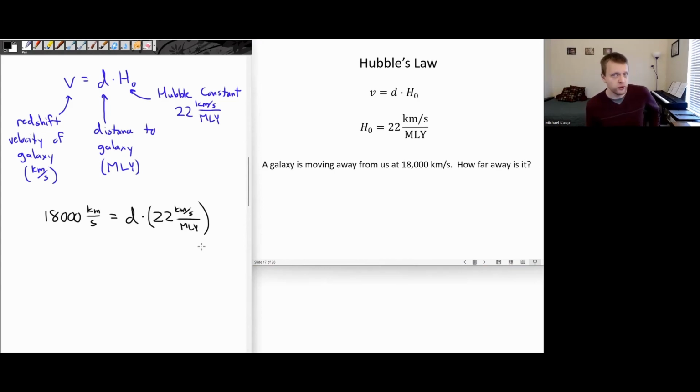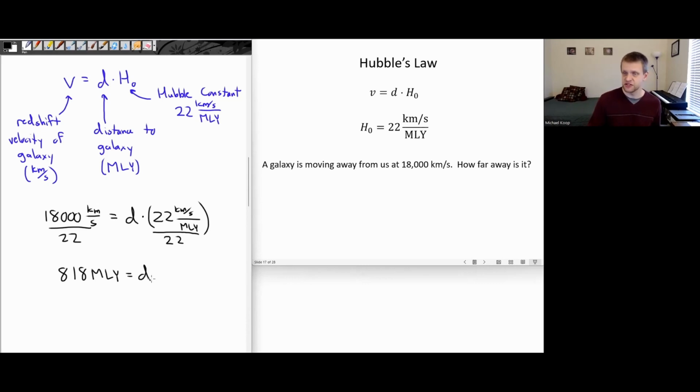So if I want to rearrange this and solve for the distance, all I have to do is basically divide by the Hubble constant. So divide by 22. So if I do 18,000 divided by 22, I get approximately 818. The units for that are going to be millions of light years.